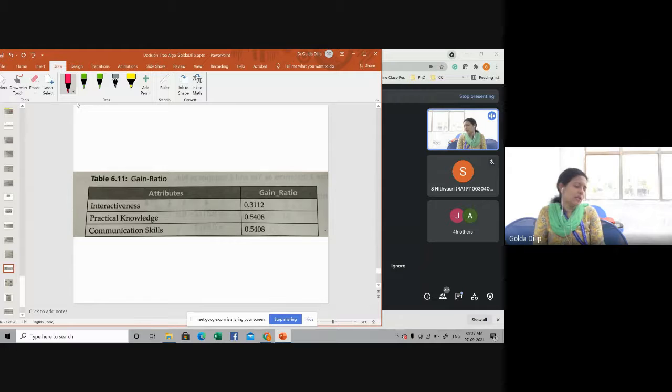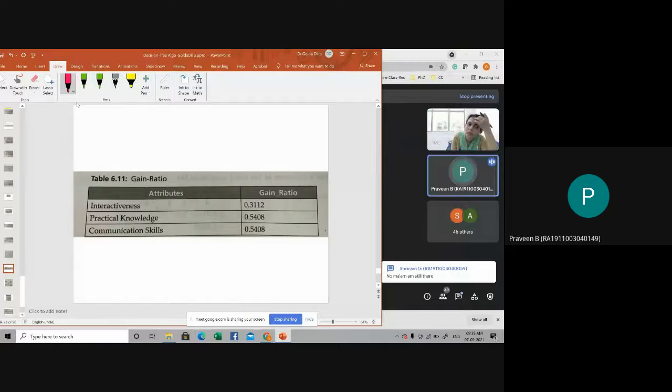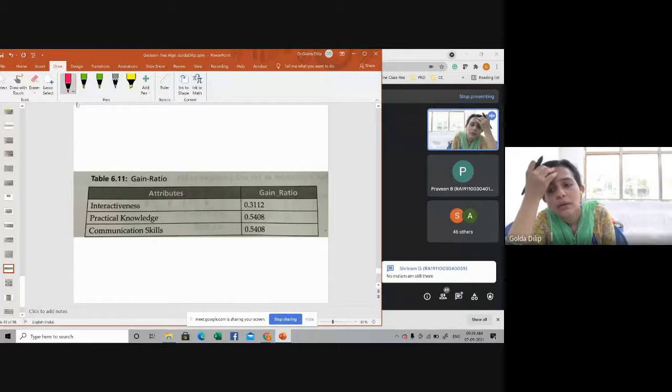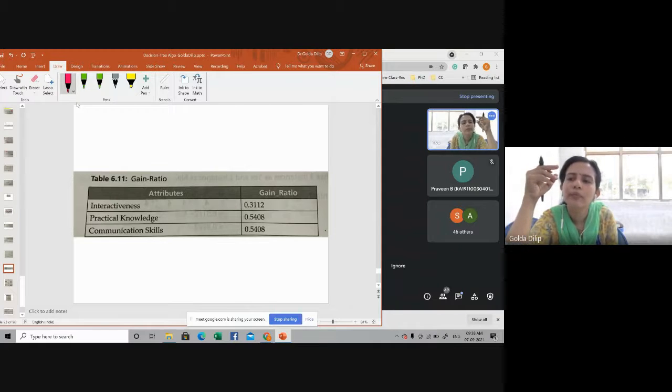Sriram has left the class after the attendance? Marking Sriram absent. Sriram is absent, and the next person is Praveen. Both of you are marked as absent today. I'm here, ma'am. You are here. Praveen is here. No, ma'am, I'm still here. At least respond and tell that you don't know then.